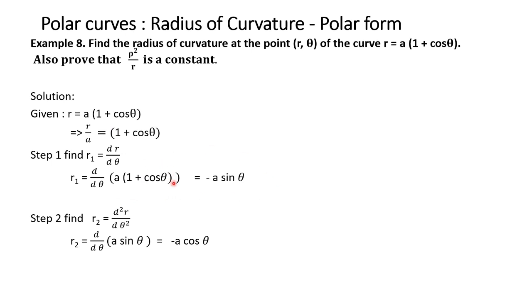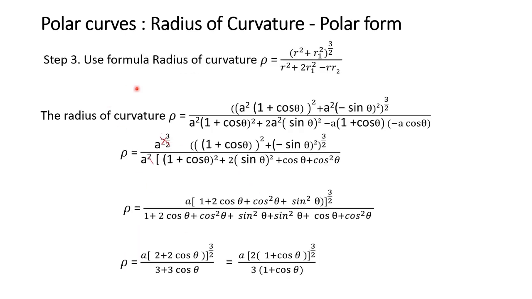Plug in the values of r, r1 and r2. We get this. In the numerator, taking a square to the power 3 by 2 common, 2 and 2 get cancelled, we have a cube. And in the denominator a square is common, a cube and a square cancelling, we get a in the numerator. Expanding 1 plus cos theta whole square, we get this, plus sin square theta. Cos square theta plus sin square theta is 1, so in the numerator we have a times 2 times 1 plus cos theta, whole to the power 3 by 2.